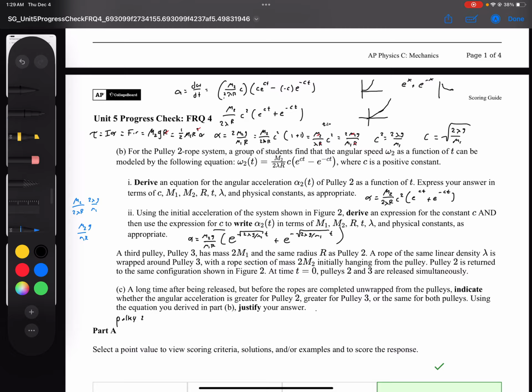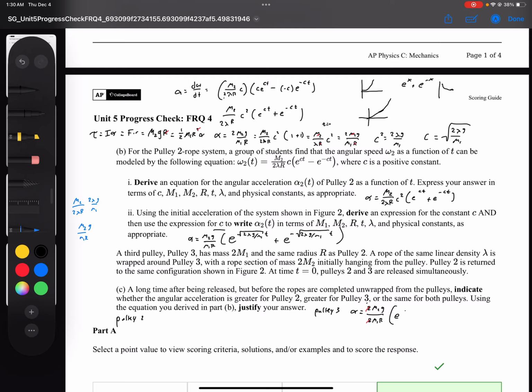Okay, so for pulley 3, let's write the expression. Now I have alpha is equal to 2m2g over 2m1r. We see that this coefficient, the 2's are just going to cancel out, so they don't really matter. But the exponential terms don't cancel out.